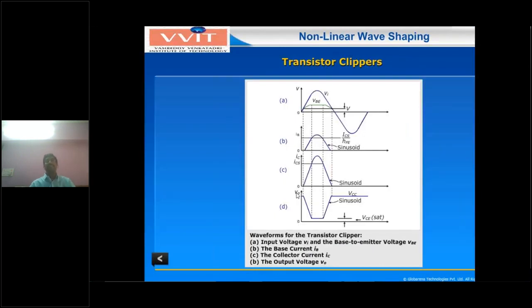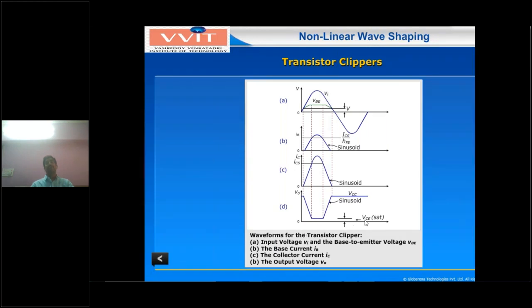Next, coming to another example for transistor clipping circuits, you are using a sinusoidal input waveform. Then what is the base emitter voltage, VBE, and similarly the base current and collector current? Similarly the output voltage variation with respect to the transistor. Here I want to see the output waveform. At the positive peak, when the input is greater than V gamma or VBE, the transistor will be on and go to saturation.